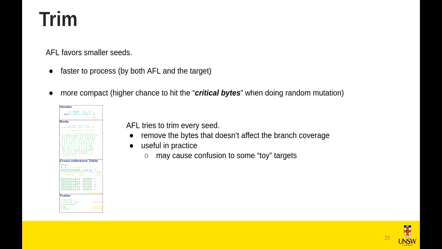If the coverage is not affected after removing those bytes from the seed, then those bytes are removed. This is how AFL trims the seed. It is very useful in practice, because if we can trim down a very large seed, we can have faster execution speed and a higher chance of hitting the critical bytes.